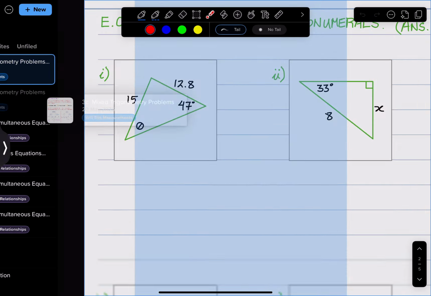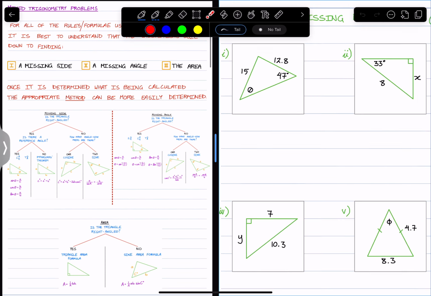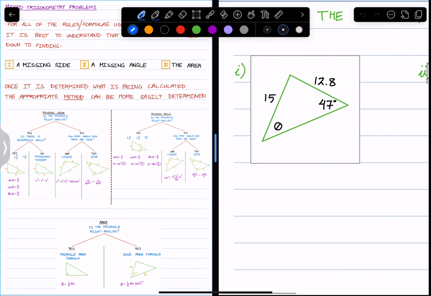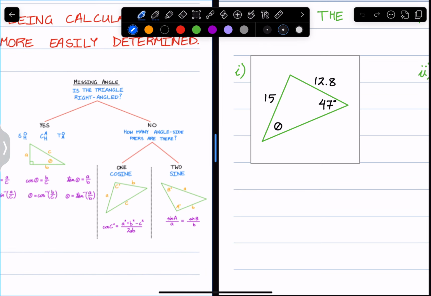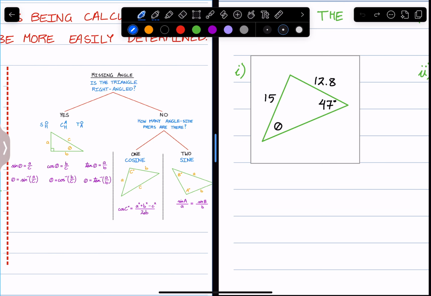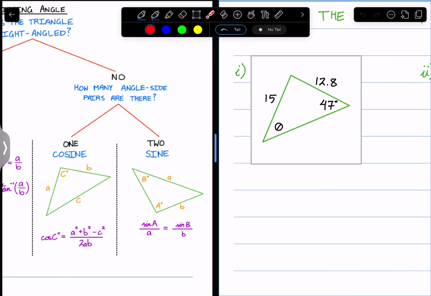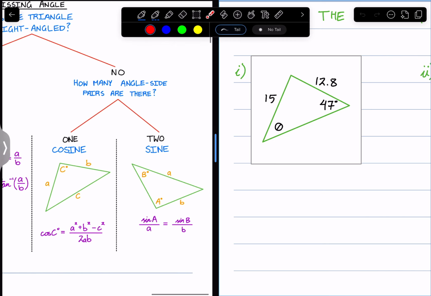Notice it is now a missing angle we're working with. So let's zoom in here. Now ask ourselves, is this triangle right angled? As you can see here, there's no right angle. So this is a non-right angled triangle.